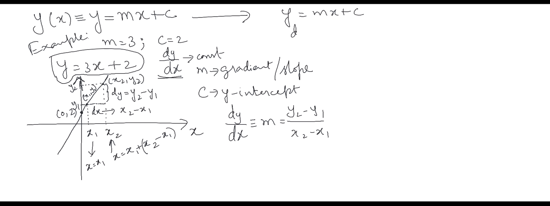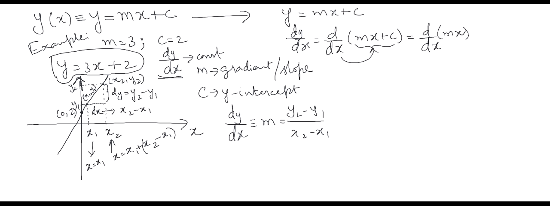So dy by dx is d by dx of mx plus c. From the x point of view, it is an addition of two quantities. So distribute this: it is d by dx of mx plus d by dx of c.